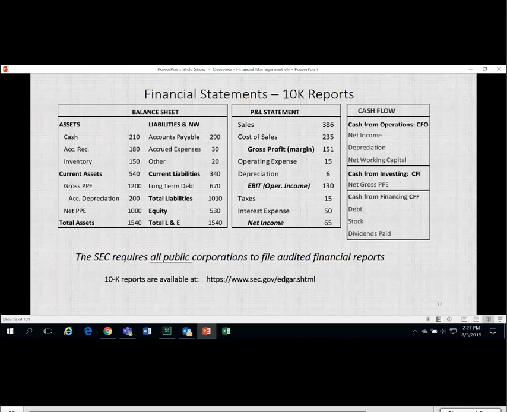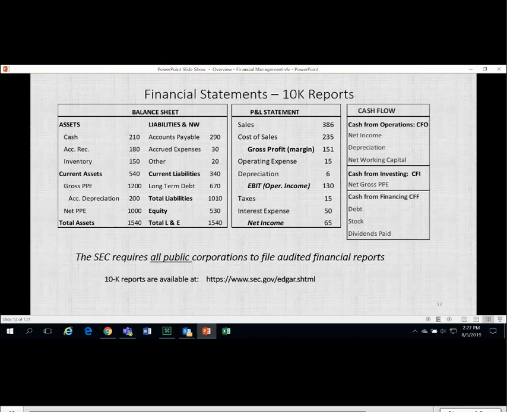This includes the balance sheet, P&L statement, and cash flow, in a format specified by the SEC. Now, this is a very simplified view of what they file. In reality, these reports, which the SEC calls 10K reports, are much more involved. In fact, the typical 10K may be several hundred pages long.